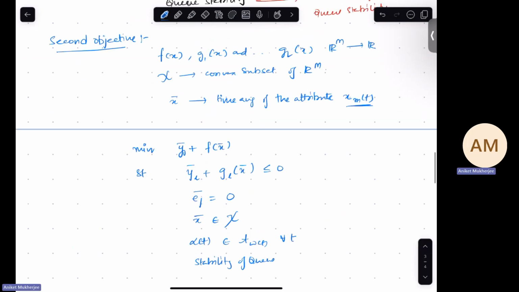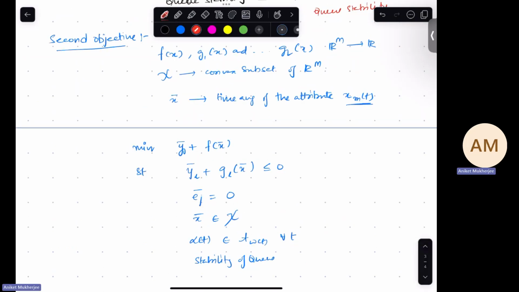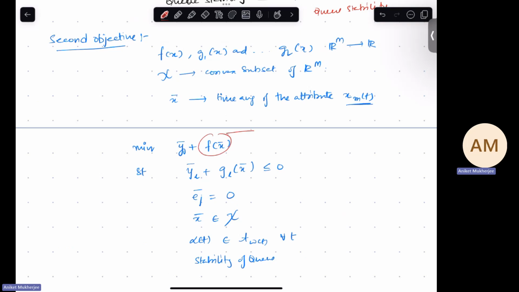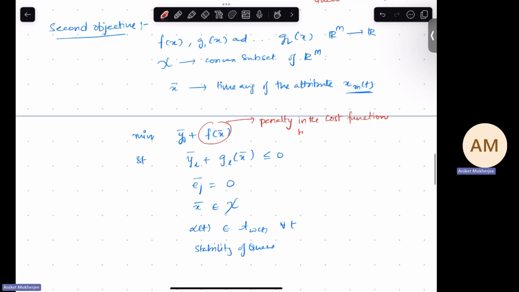A similar problem is problem 1, but you have some penalty in the cost function by using some attribute.